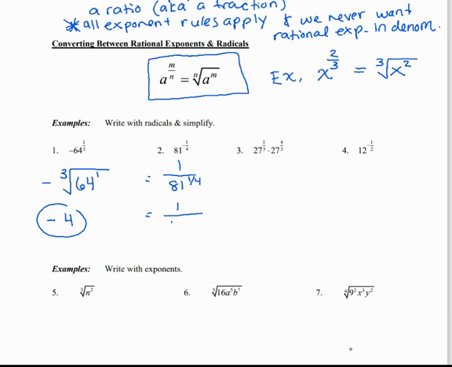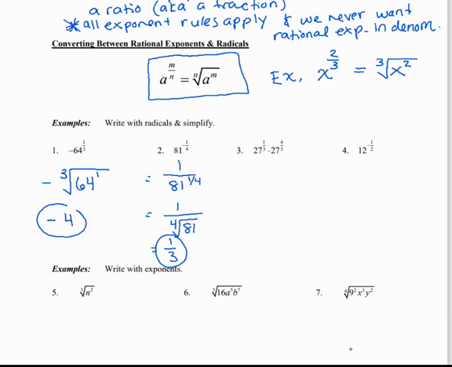So this will be the 4th root of 81. And now I ask myself, is 81 a perfect 4th power here? And yes, the 4th root of 81 is 3. So this is simply 1/3. No rationalizing involved. Okay? We're going to do number 3, and then I'll have you try number 4.